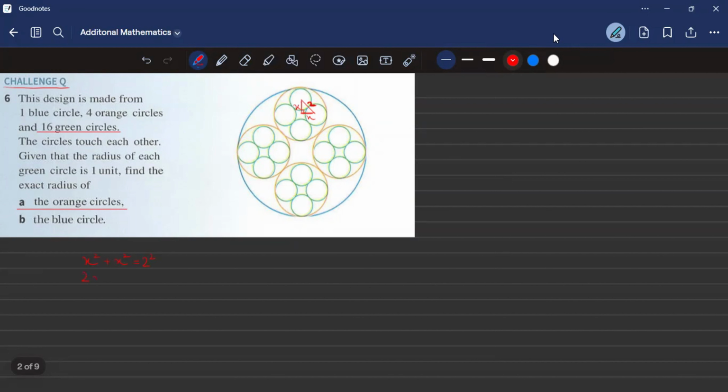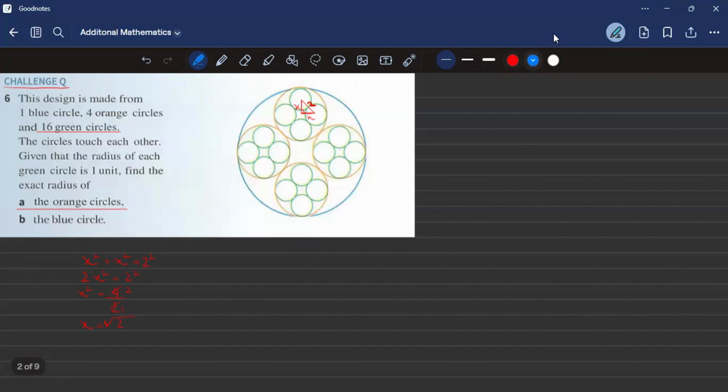So 2x squared is equal to 2 squared. x squared is equal to 4 divided by 2, so 2 ones are 2 and 2 twos are 4. So x is equal to what? Under root 2. Okay, so now we have the value of x.